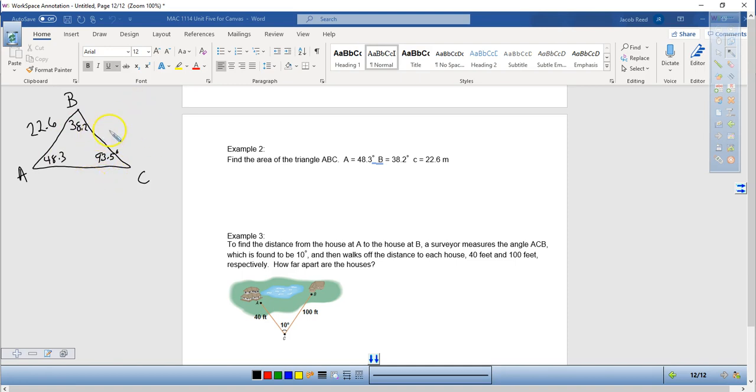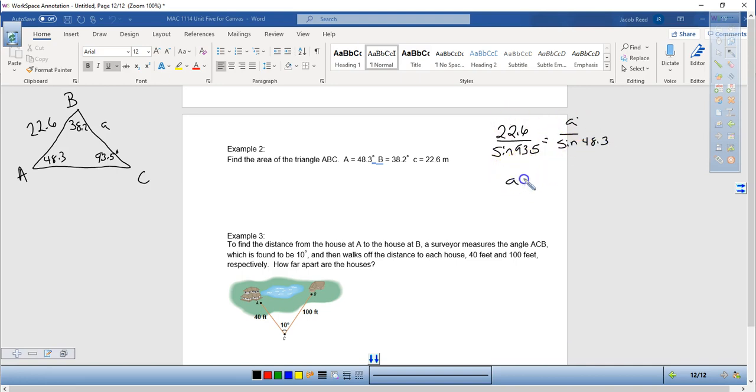And then I'm going to use law of sines to find little a. So I've got 22.6 over sine of 93.5 is equal to little a over sine of 48.3.